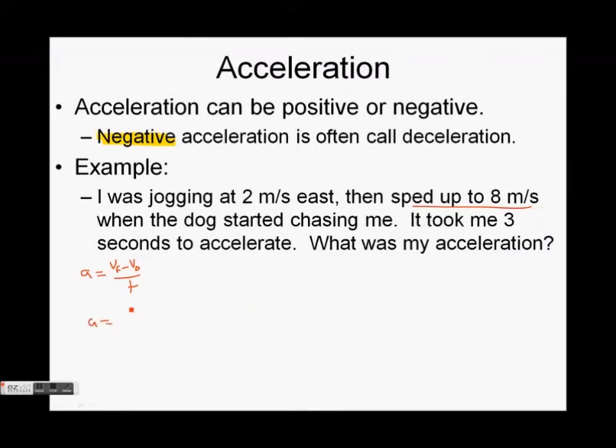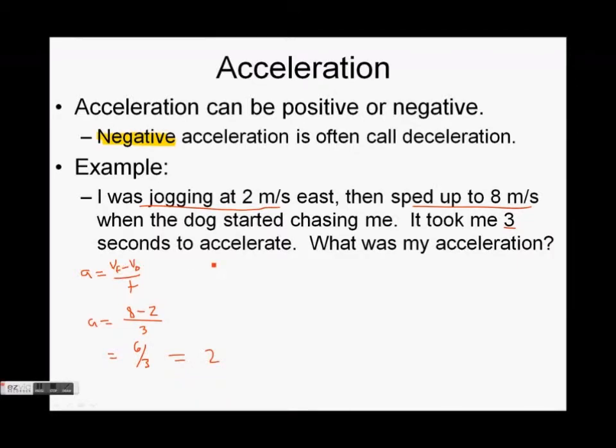It says I sped up to 8 meters per second, so acceleration equals 8 minus starting velocity. I was jogging at 2 meters per second east, so 2 was my starting velocity. Divided by the time it took me to change that velocity, which was 3 seconds, so divided by 3. You do the math, we get 6 over 3, which would be 2.